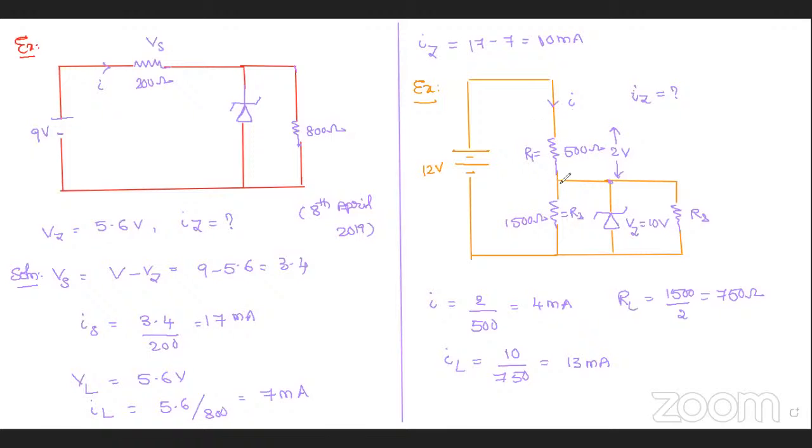Okay? It requires 13 milliamperes. Yes, right? That's why no current flows through the Zener diode. Okay, sir. Did you follow? It means that appliance won't work.